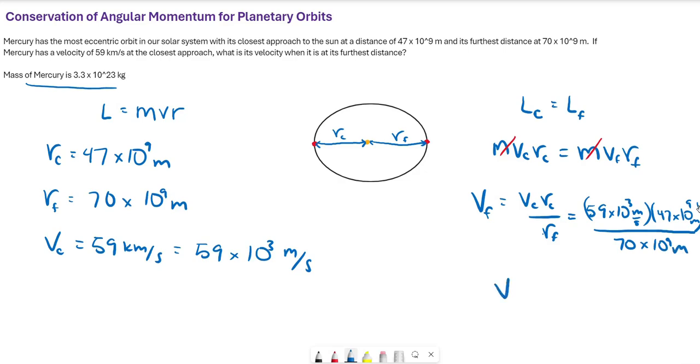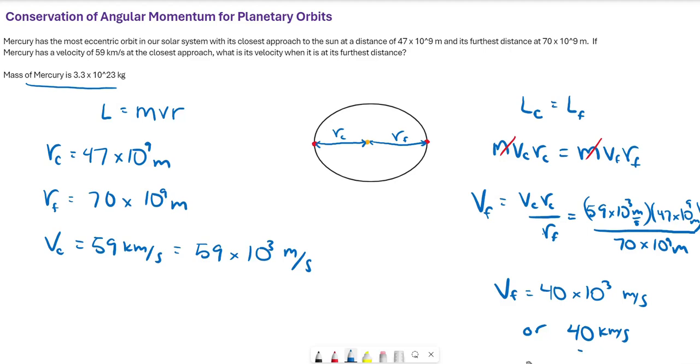And that's going to give us a velocity of about 40 times 10 to the 3 meters per second. Or if you want to put that in kilometers per second, that'll just be 40 kilometers per second.